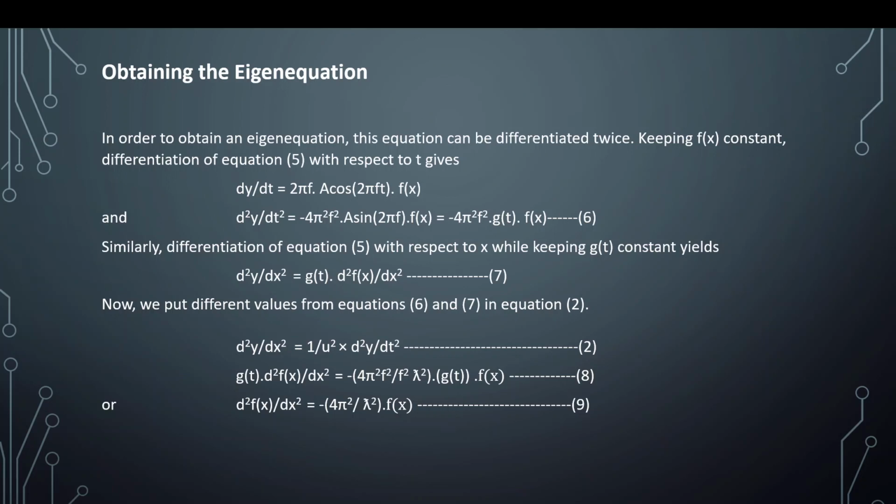Now, what we will do, we will consider equation 2, equation 6 and equation 7 together. We will substitute the relevant values from equation 6 and equation 7 into equation 2. So equation 2, again for simplicity we are reproducing here, d2psi upon dx2 equal to 1 upon u square multiplied by d2psi upon dt square.